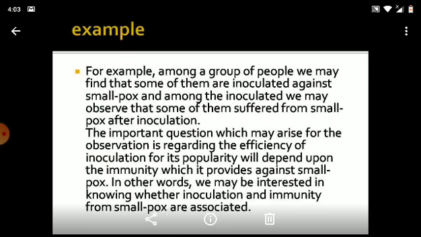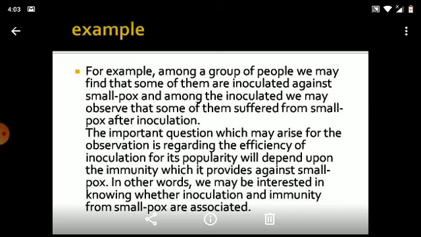There is an example for association, in which there are two attributes. Number one is inoculation and number two is immunity from smallpox.